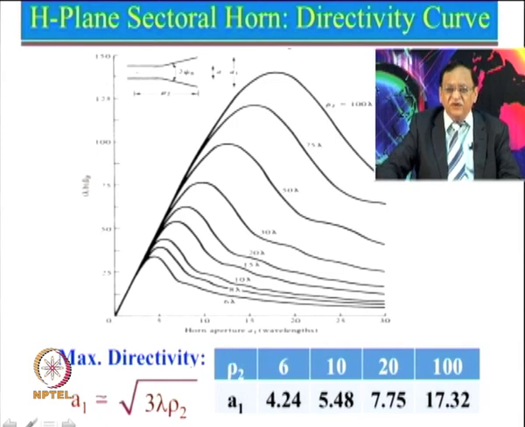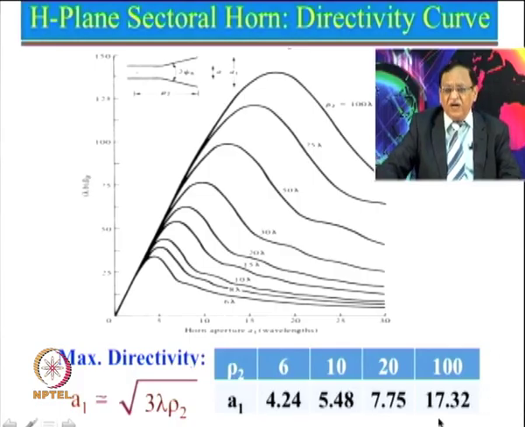Same thing is followed just as before. Here again, if you look at the point of maximum directivity, corresponding to again 6 lambda, if you now draw the line, this is about 4.24, and if you go over here for 100 lambda, if you draw the line somewhere here, it is about 17.32.